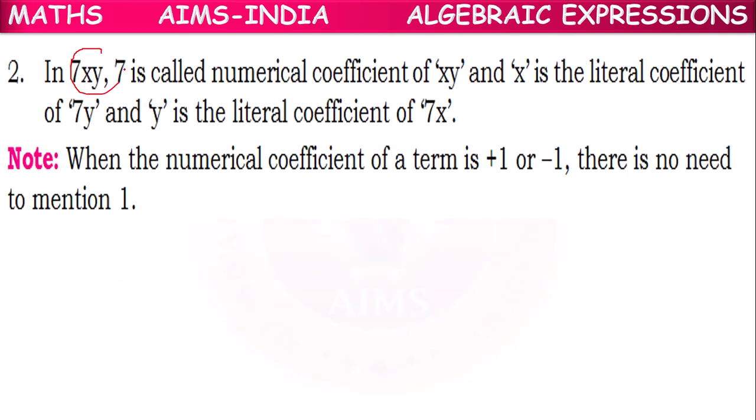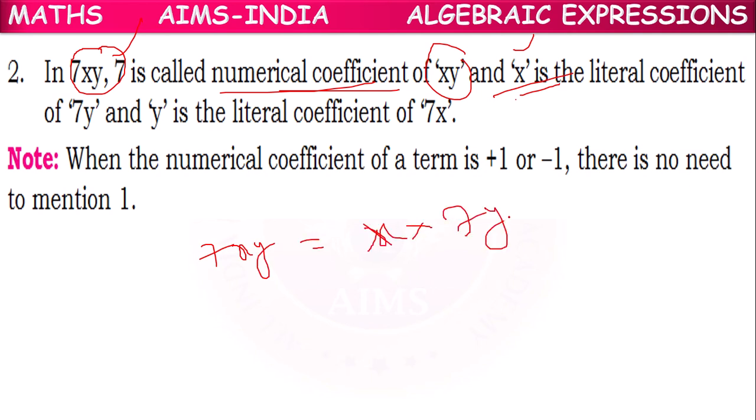In 7xy, 7 is the numerical coefficient of xy. Or x is the literal coefficient of 7y, because in 7xy, if we separate x, what remains is 7y.